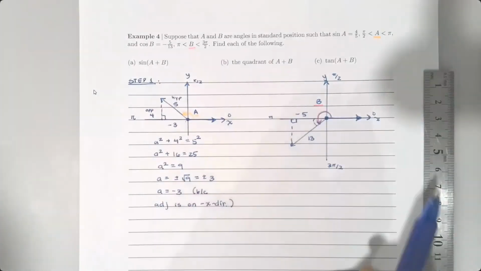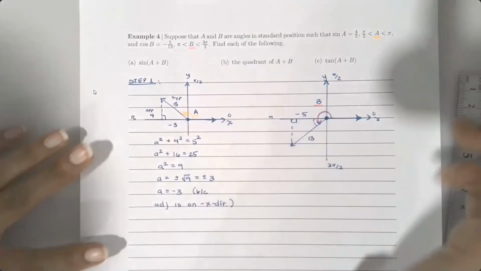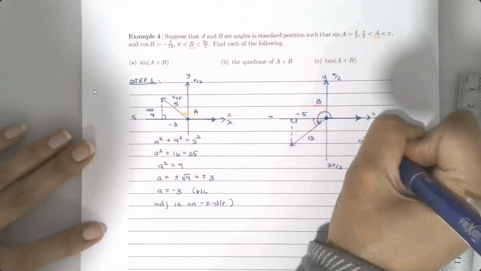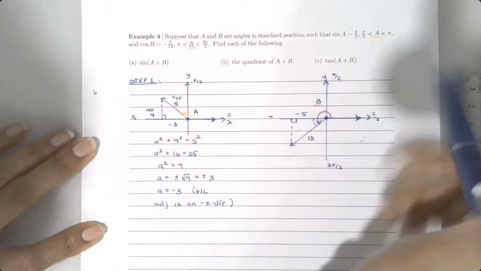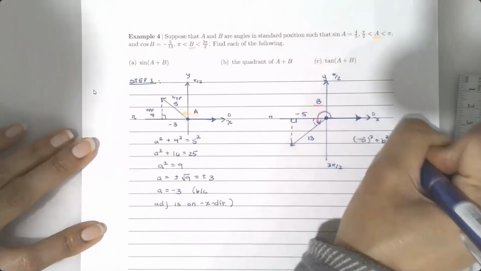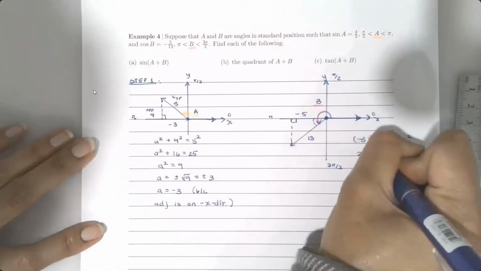And now we'd like to find the missing side of that triangle. So we're going to apply Pythagorean theorem. We're going to have negative 5 squared plus b squared is equal to 13 squared. That's going to be 25 plus b squared is equal to 169.